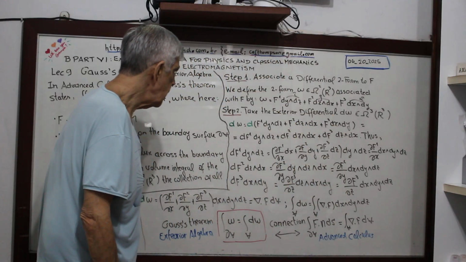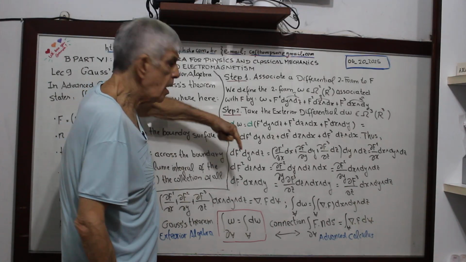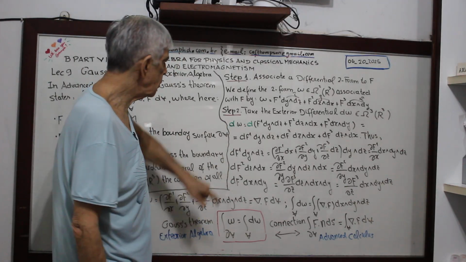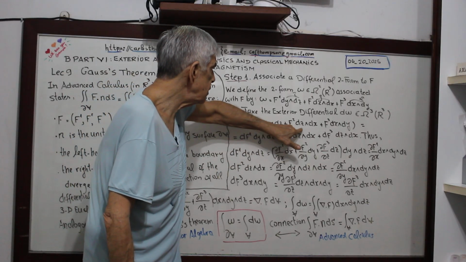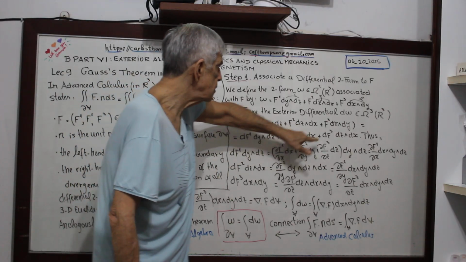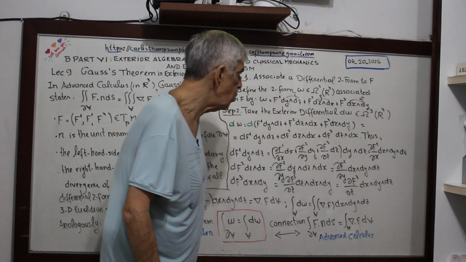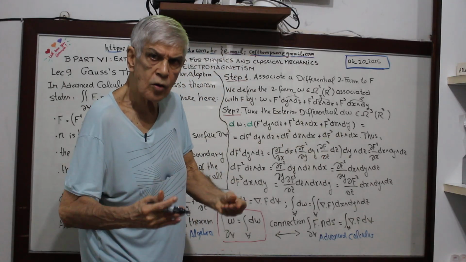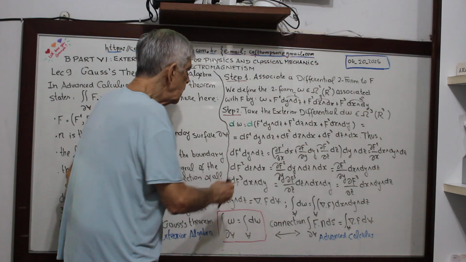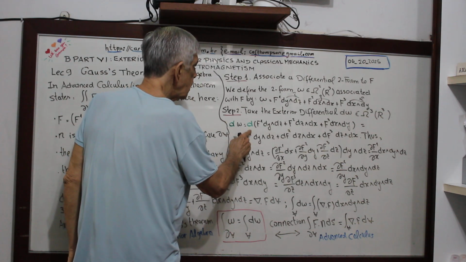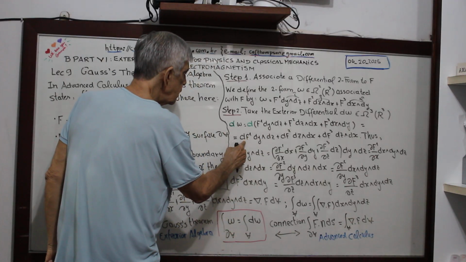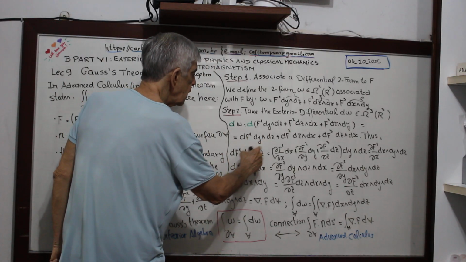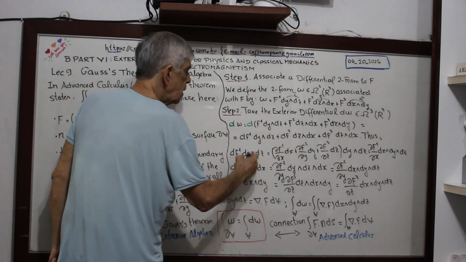Now, apply the Leibniz rule. Attention, dy dz, dz dx, and dx dy are constant, so for the differential of F1 you just keep dF1 and repeat dy dz.